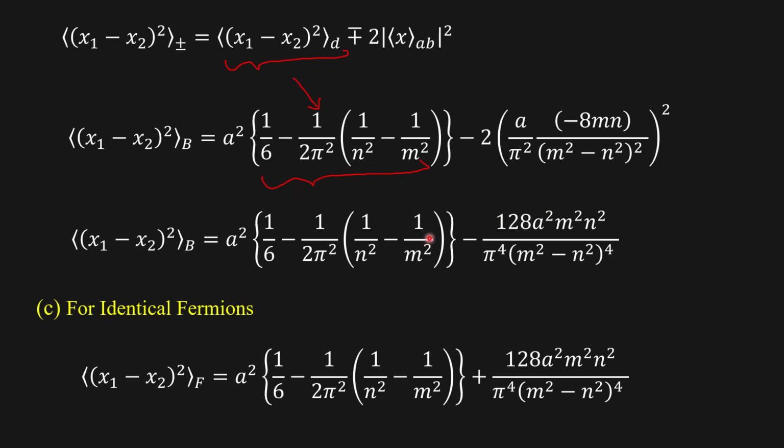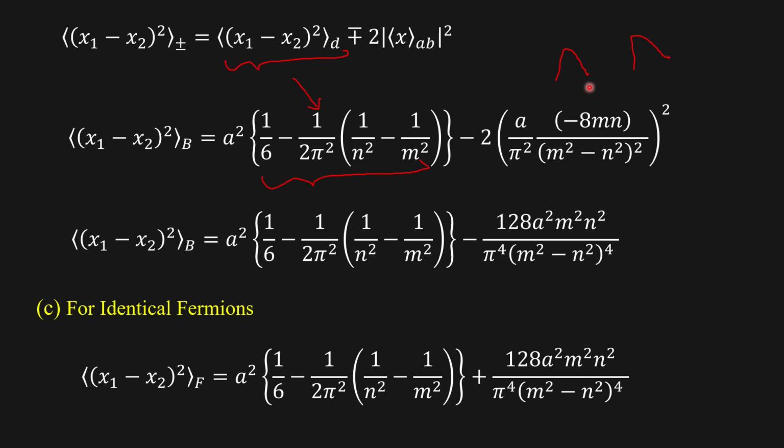Here I would like to highlight one important point. When identical particles are far away, this is particle A and this is particle B, then you cannot have any interaction, so that interaction term will become 0. You can distinguish them because one particle and the other particle are far away.